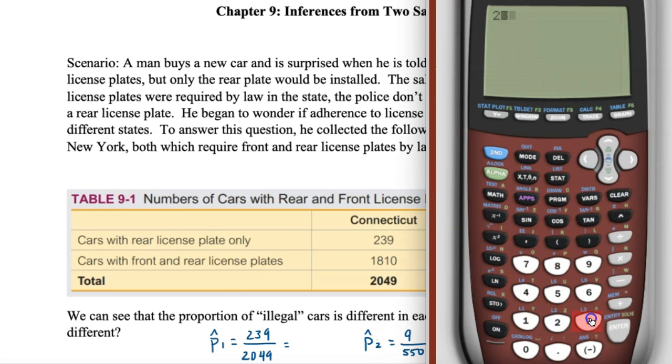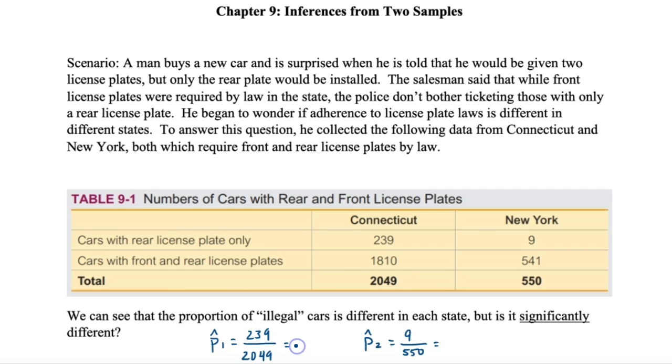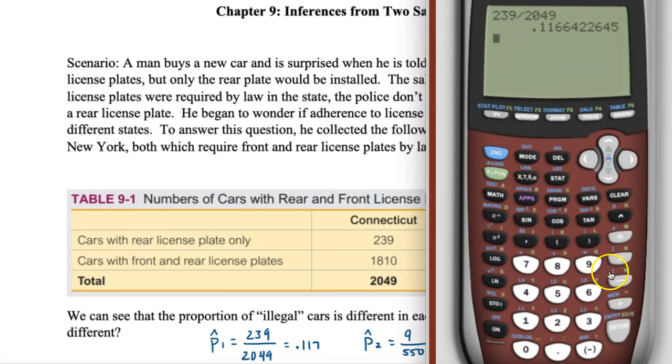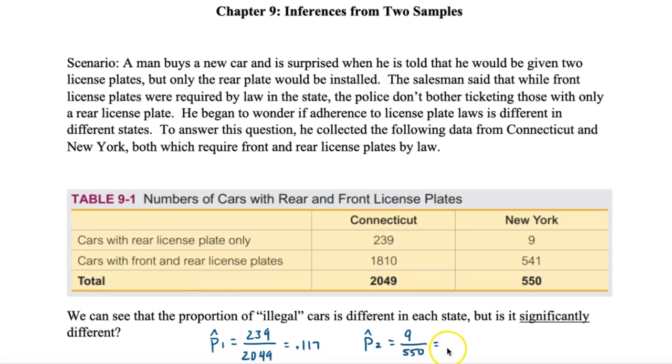Quick calculation. And we can estimate this to 3 decimal places, 0.117. So proportion 1 is 0.117, and proportion 2 is 0.016.